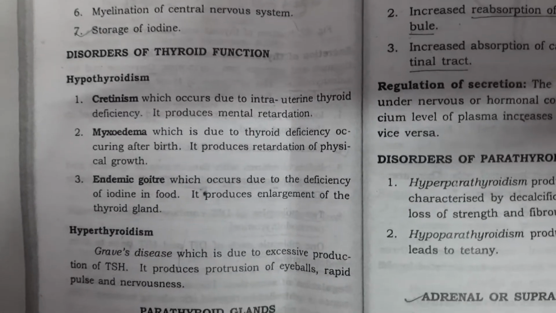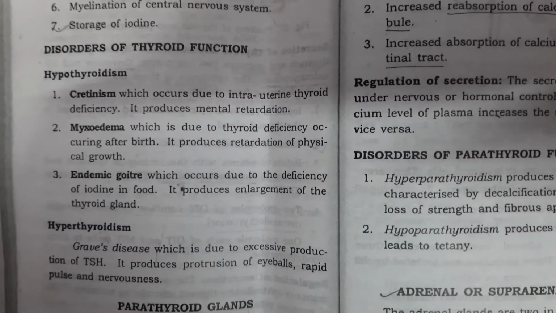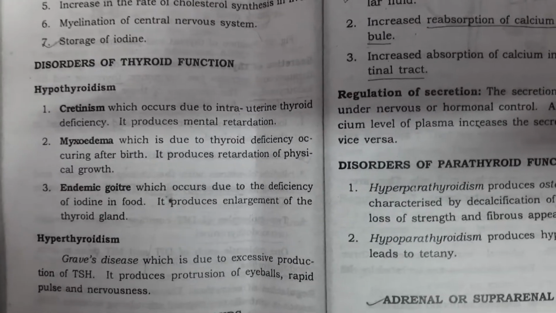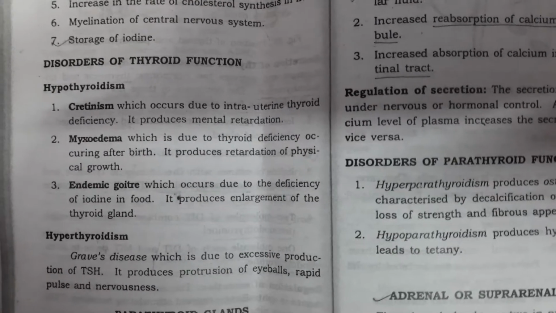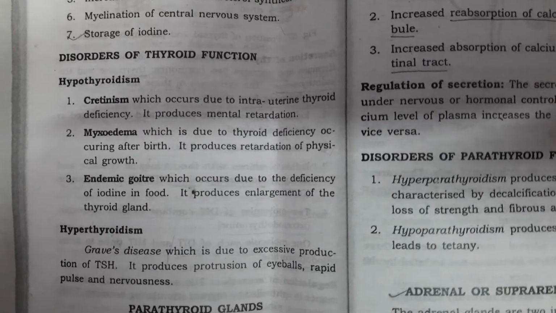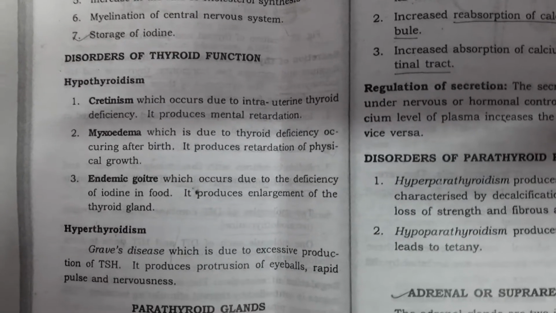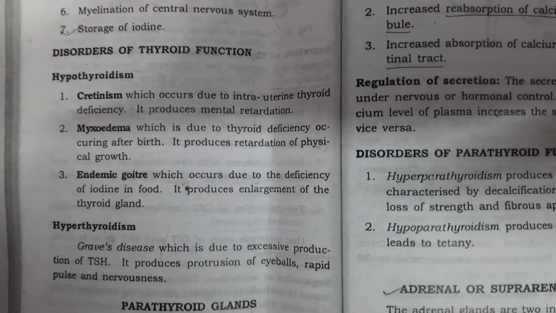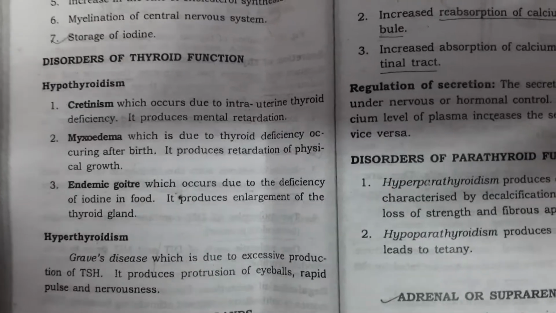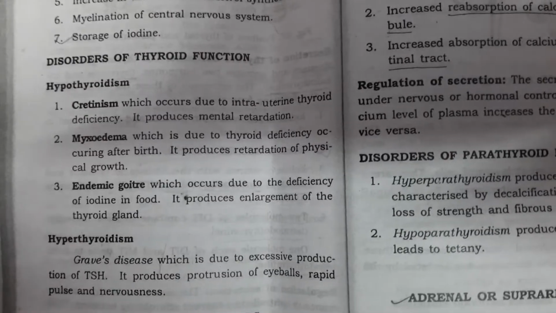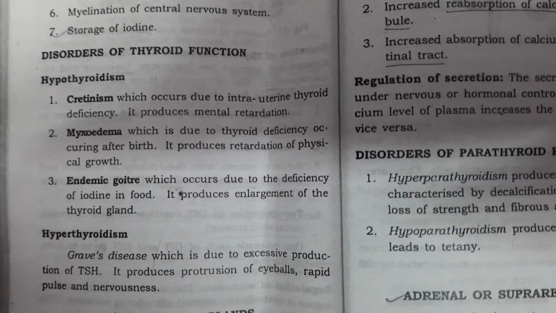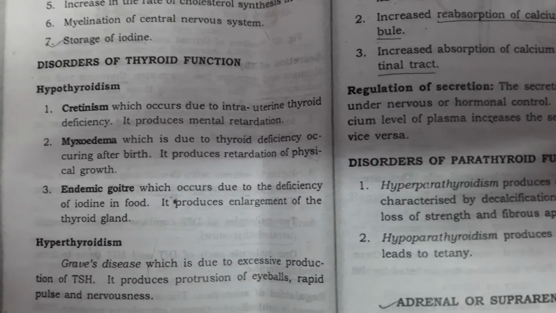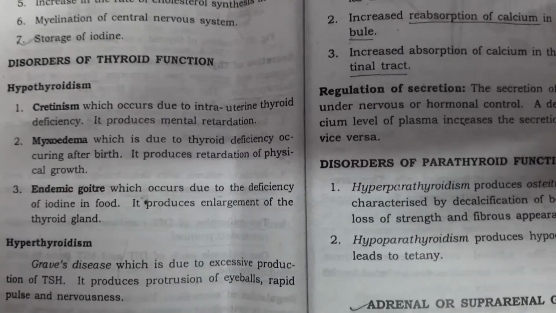It is characterized by decalcification of bone leading to loss of strength and a fibrous appearance. So what is that? Excessive secretion of parathyroid hormone, that is hyperparathyroidism. Excessive secretion, you yourself have to think: excessive secretion means the calcium is being absorbed from the bone, so the bone is getting a lack of calcium, which leads to bone weakness.